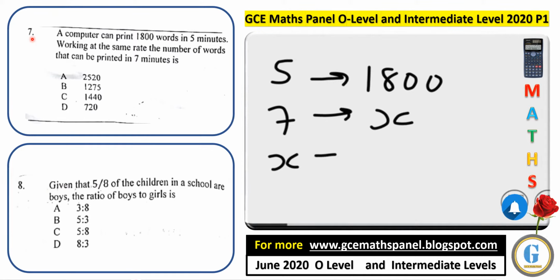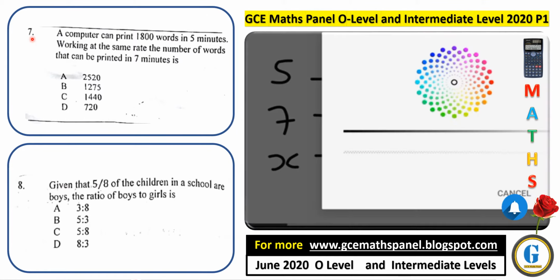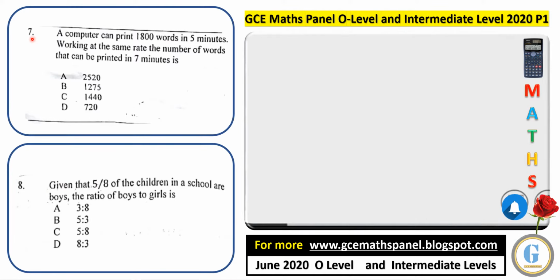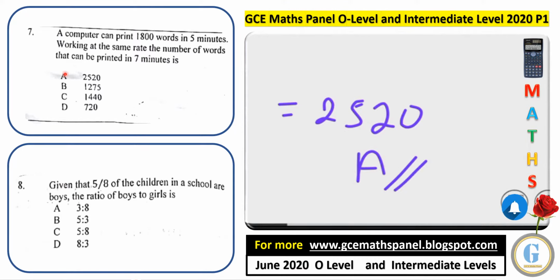So x will be equal to 7 times 1,800, all of this divided by 5. And our result will be equal to 2,520. So the key here is A.